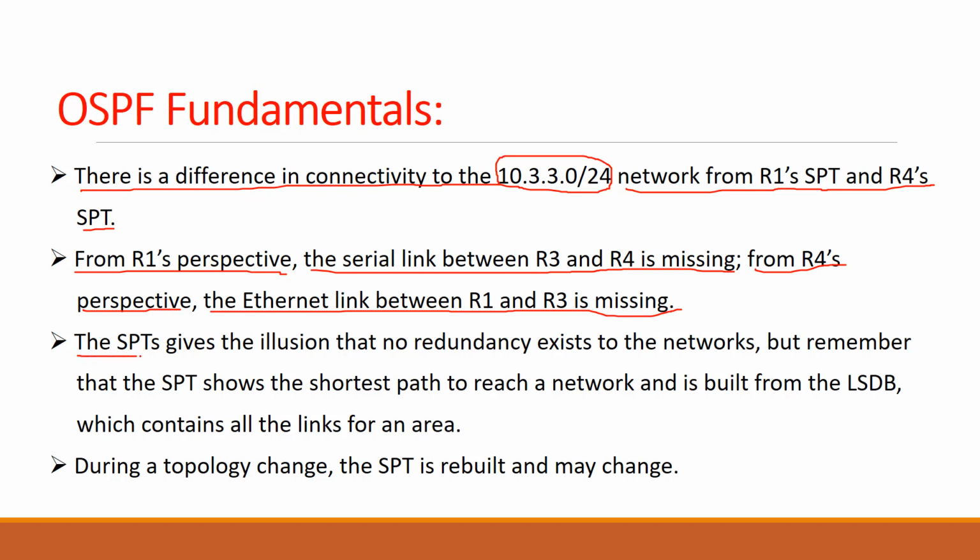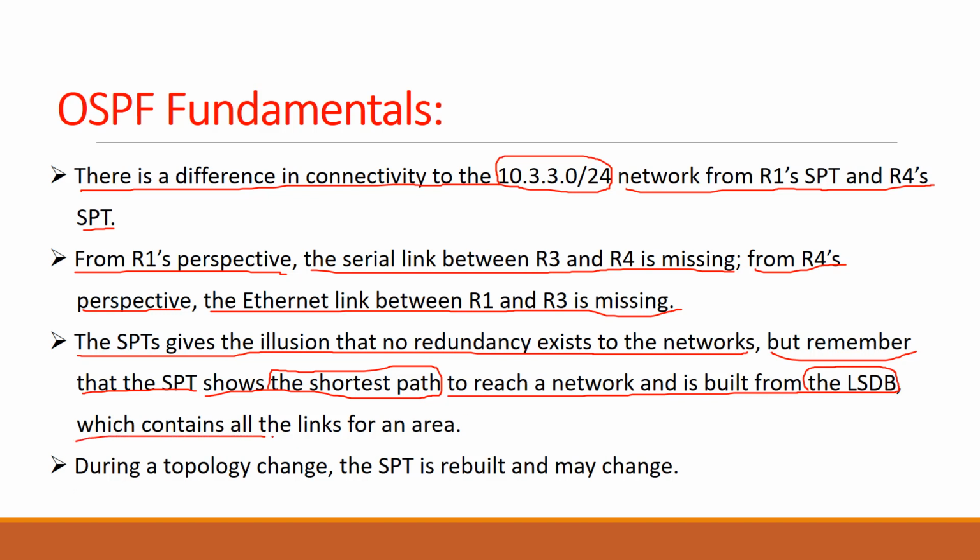The shortest path first trees give the illusion that no redundancy exists to the networks, but remember that the shortest path first tree shows the shortest path to reach a network and is built from the link state database, which contains all the links for an area.